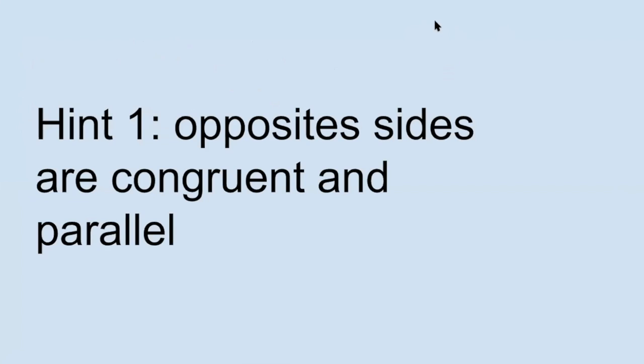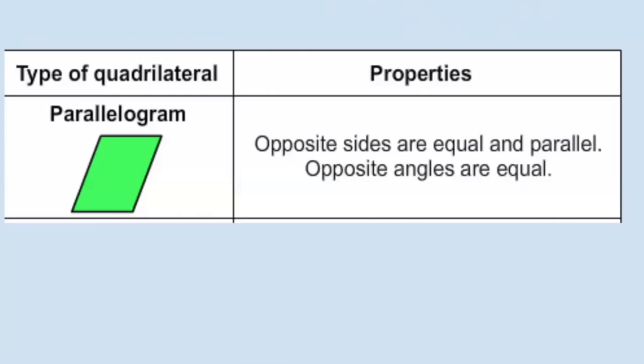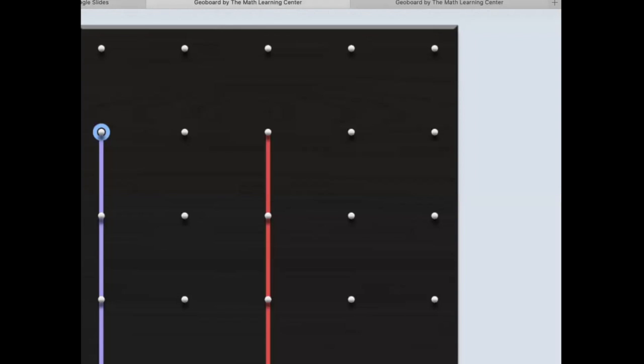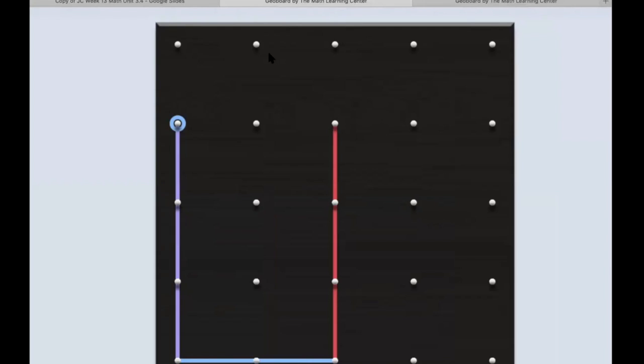So using that geoboard, and I'm just going to exit out of this real quick. Using your geoboard, can you guys see my geoboard? You're going to want to construct a shape that has two congruent parallel sides.